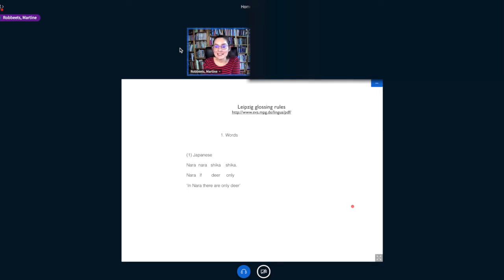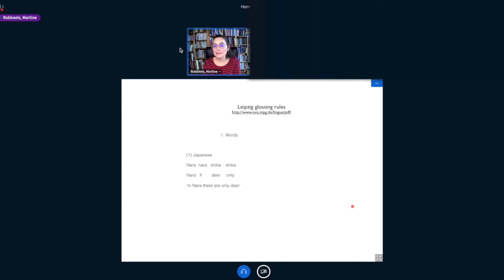And then here the Leipzig glossing rules. So the idea of these glossing rules is that across the world, all linguists, mostly the linguists writing in English, use the same rules to give examples. So the same standards and the same criteria to give linguistic examples.